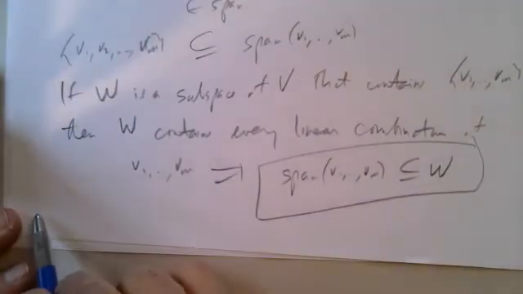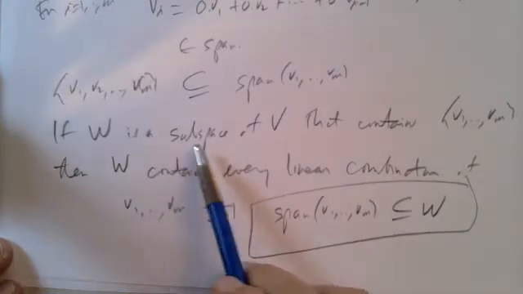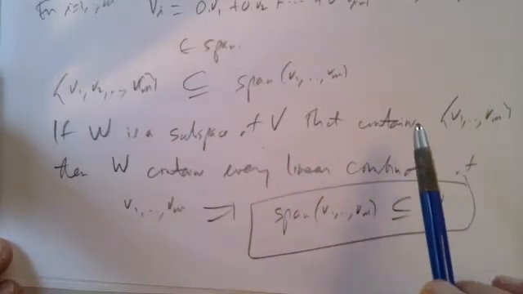Question? W means subspace, right? So W is any subspace of V that contains V1 up to Vm. Okay.